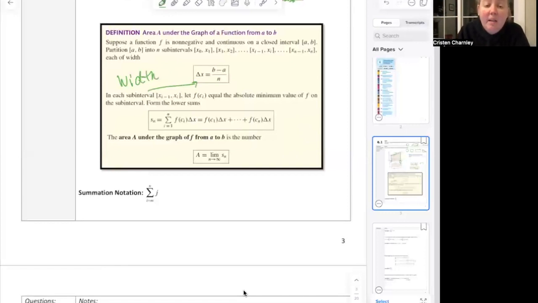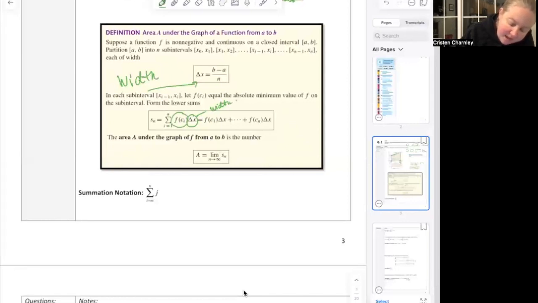In each subinterval, let f of c equal the absolute minimum value of f on each subinterval. These form the lower sums. This notation looks so crazy, and it jumps right into it, which I don't love. But basically, this delta x is your width.